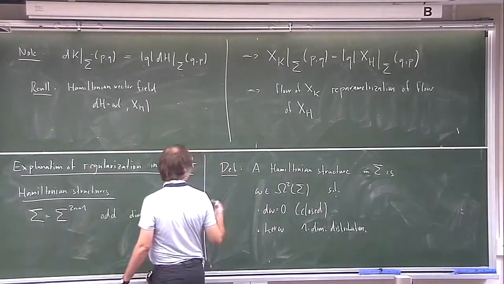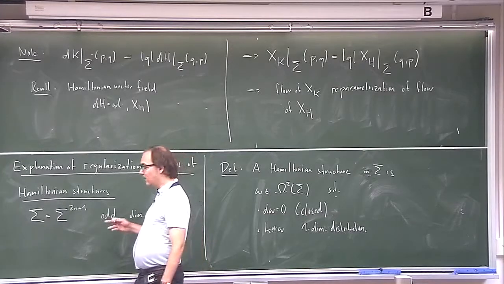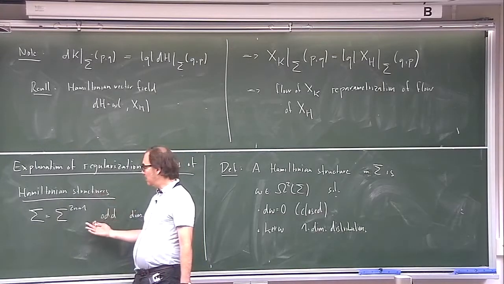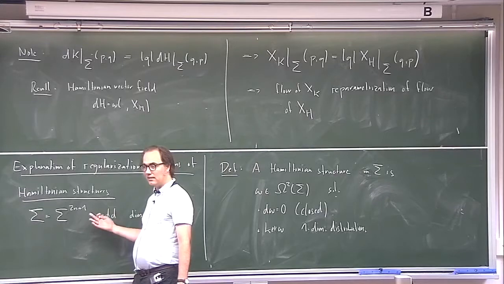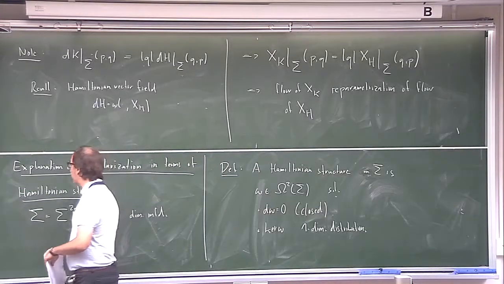So how do these Hamiltonian structures arise? If you have a symplectic manifold and a hypersurface in it, you restrict your omega to the hypersurface.